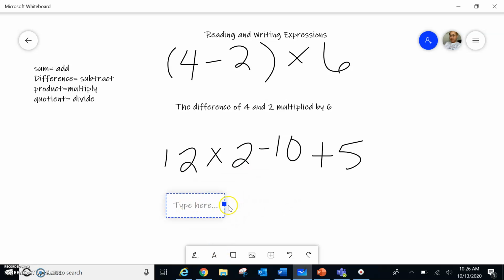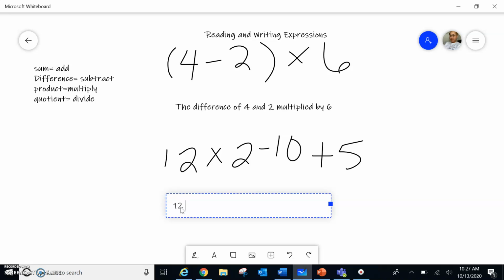Alright, the next one we have 12 times 2 minus 10 plus 5. I don't have any parentheses, so I don't have to worry about using the right keywords. Well, you have to use the right keywords, but I don't have to word it a specific way because we would literally go in order the way it's written since there are no parentheses, and the order it is in is actually following order of operations.